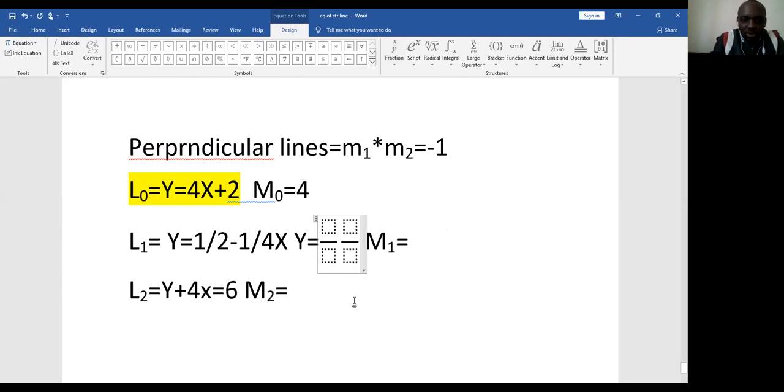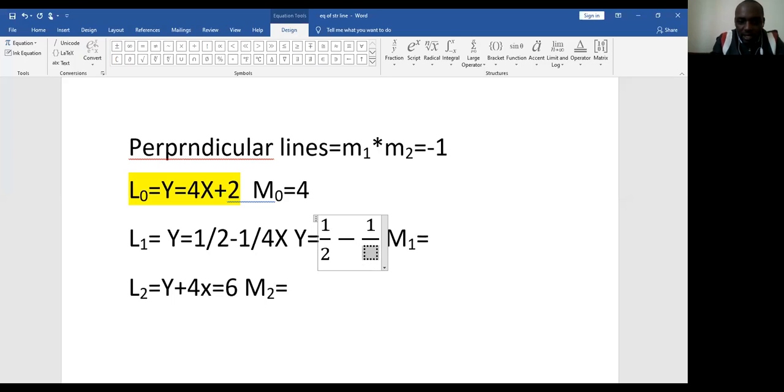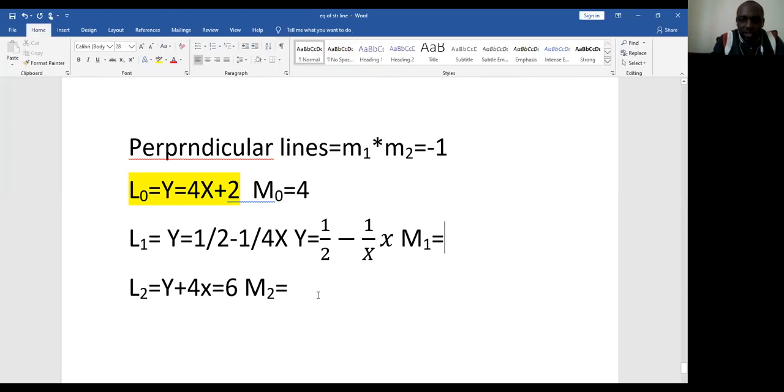So y is equals to a half minus 1 over 4 x. This is the equation of that line. The equation of this line is y plus 4x is equals to 6. You're left with 3 minutes.